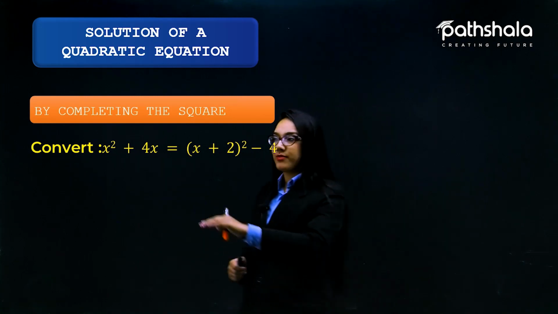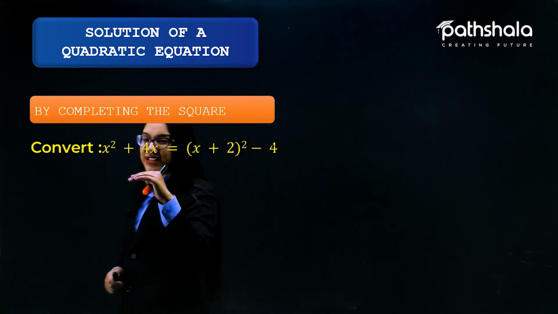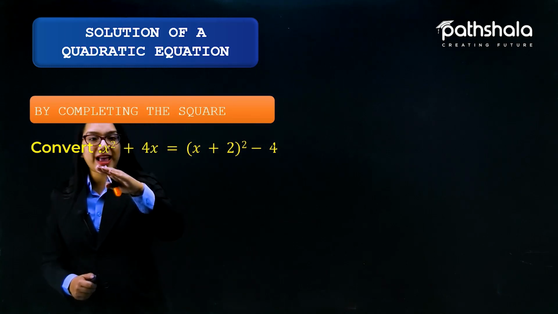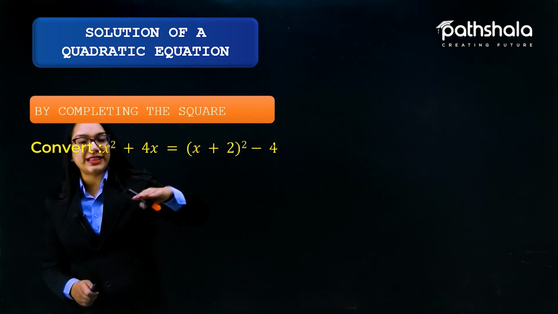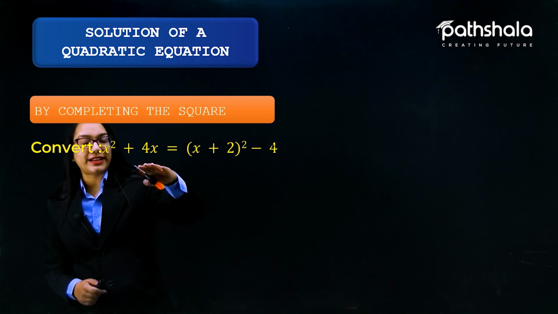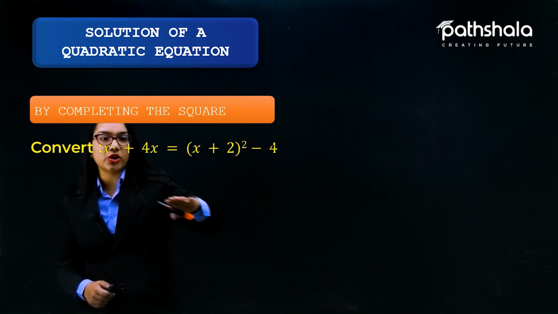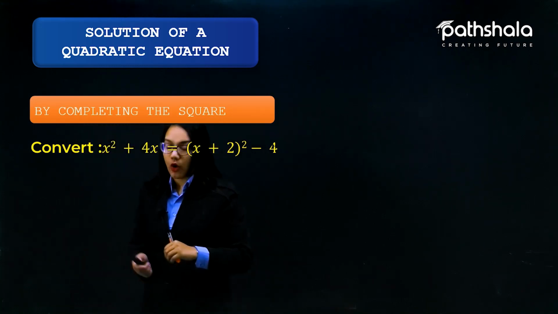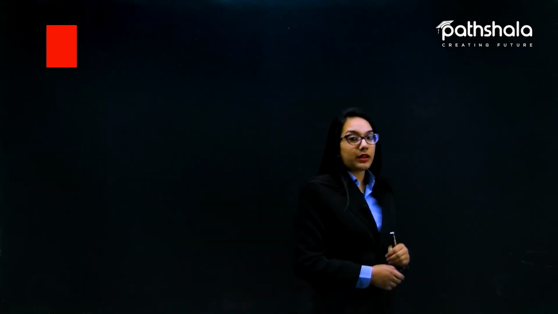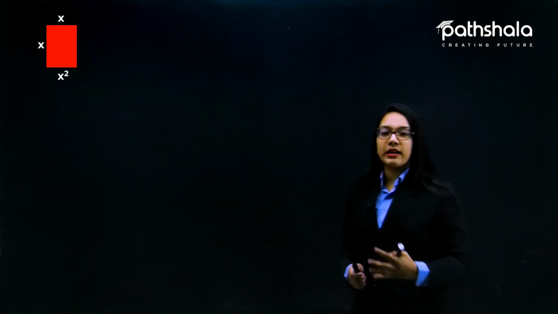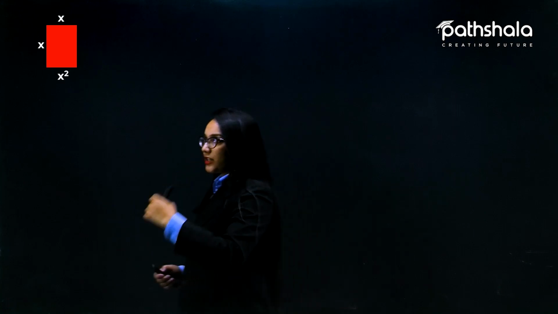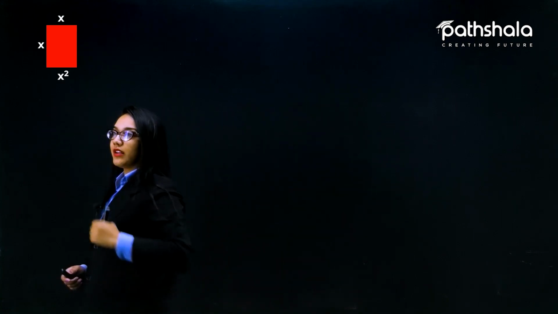So if I start with x square plus 4x, taking this as the area of a square and this as the area of a rectangle, then we will convert this formation into this. Let's just see how. Let us suppose we start by taking the square with side x, so the area will be x square.